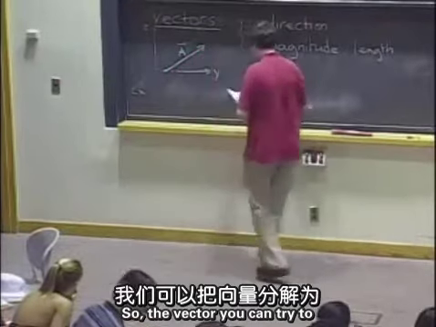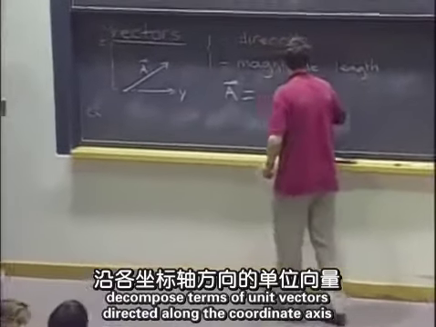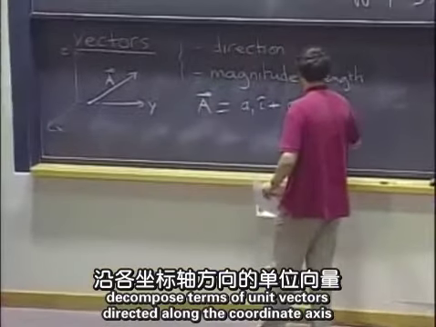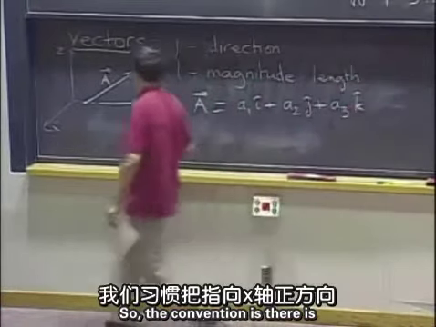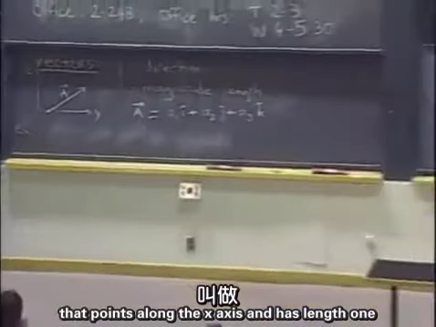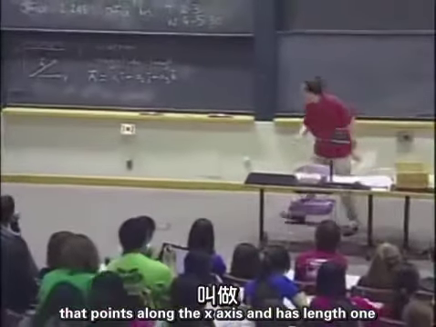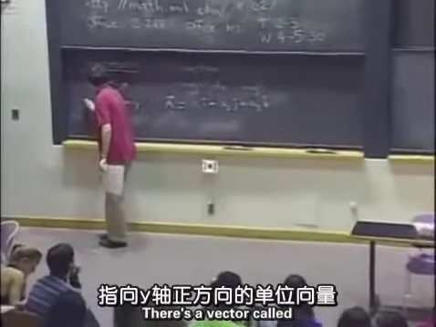So the vector you can try to decompose in terms of unit vectors directed along the coordinate axis. The convention is there's a vector that we call i hat that points along the x-axis and has length 1.